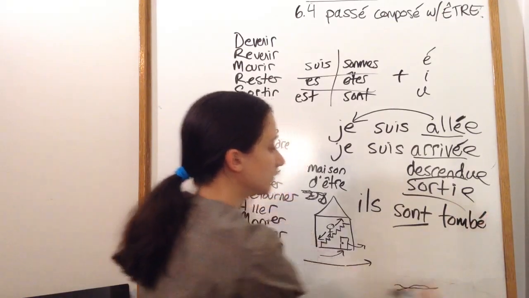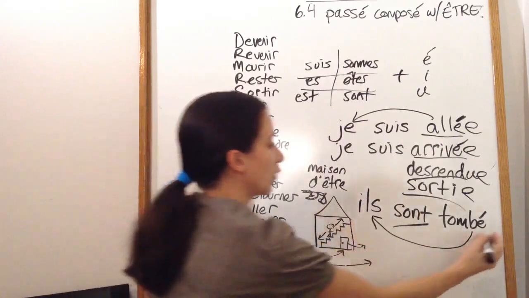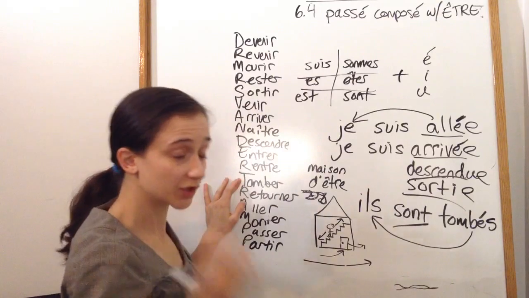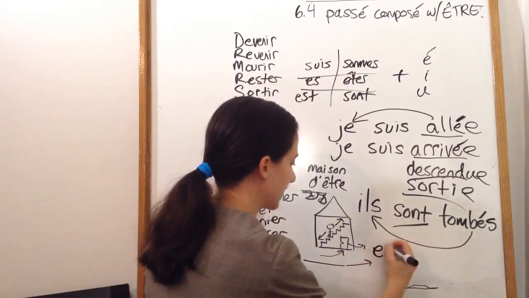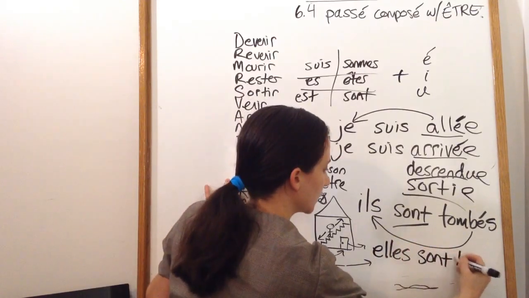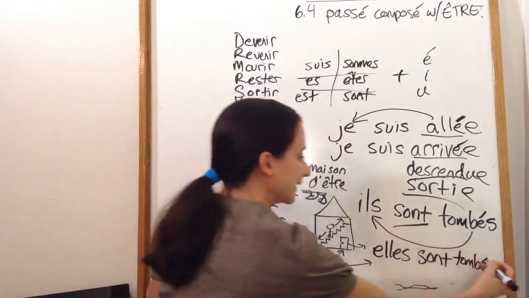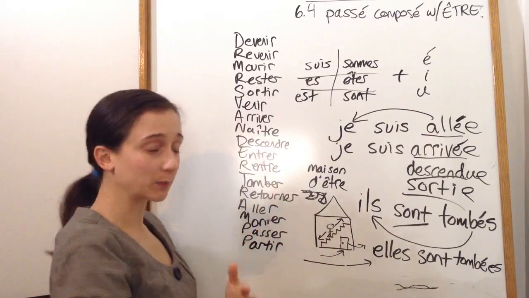Tombés. Now, this has to agree with ils, so we add an S, just like what we would do if this was an adjective, because it's acting like an adjective now. Or, elles sont tombées. We need to add an E and an S, because it's feminine and plural.